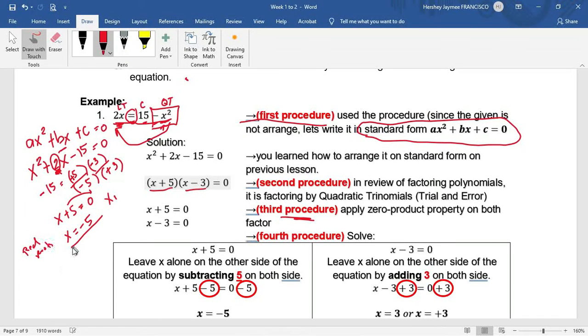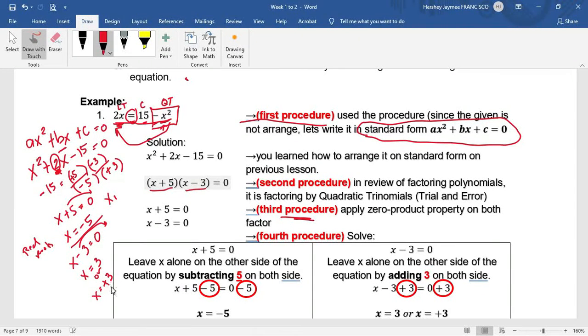Okay? Next mo is x minus 3 is equal to 0. Iiwan mo ulit si x sa kaliwang side at ililipat mo yung constant sa kabilang side. x is equal to 3 or sinusulat din natin siya ng x is equal to positive 3.